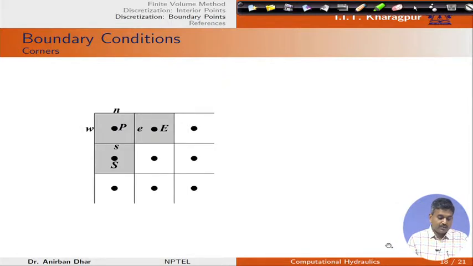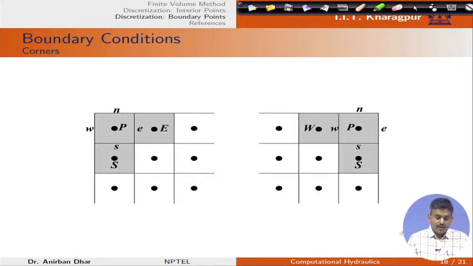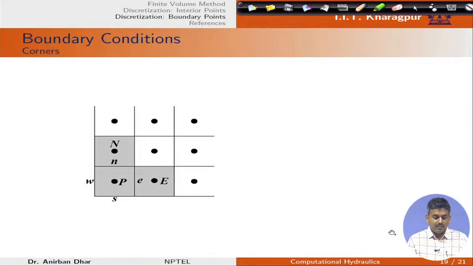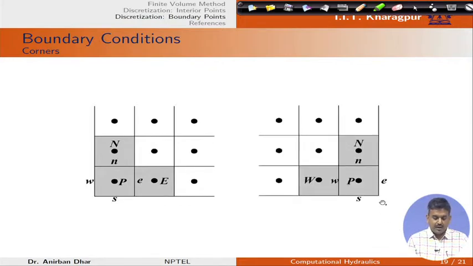Corners: on the west side we need to evaluate the derivative separately, and on the north side the derivative will be 0. For the northeast corner, again the east face derivative is evaluated and the north face derivative is 0. For southwest and southeast, similarly we can impose the corner boundary conditions.